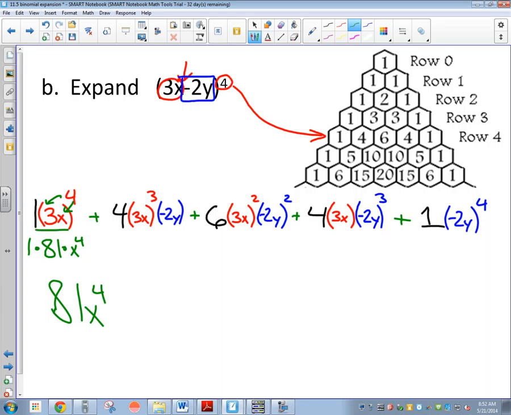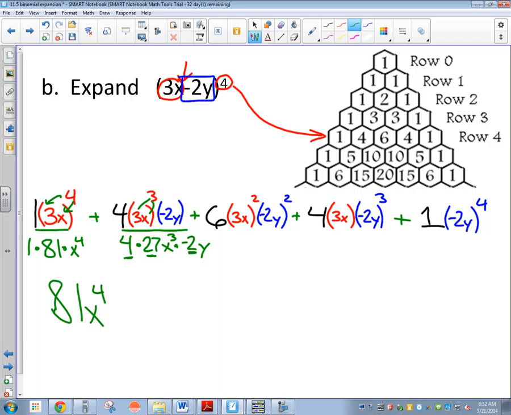Chunk 2. In chunk 2, it's 4 times 3 cubed and x cubed. So that's 27x cubed, because it was 3 to the 3rd and x to the 3rd. Times negative 2y. So I'm going to take 4 times 27 times negative 2. So what's my sign going to be?